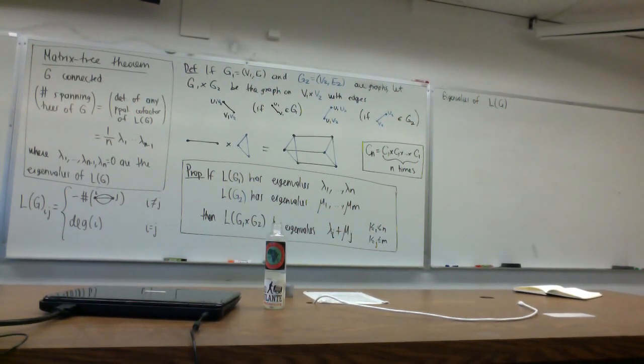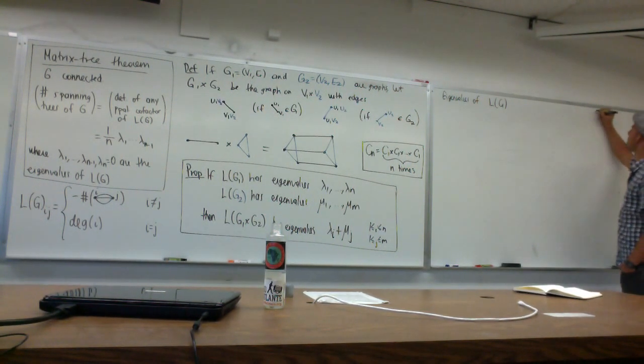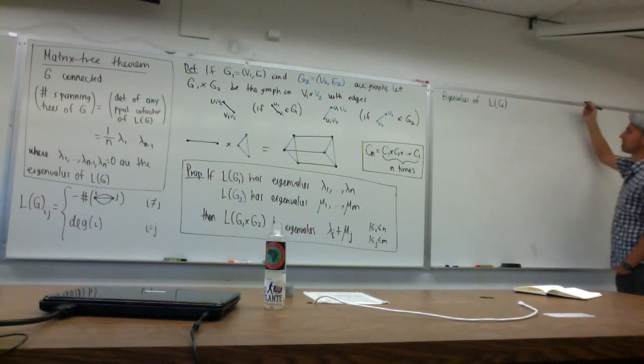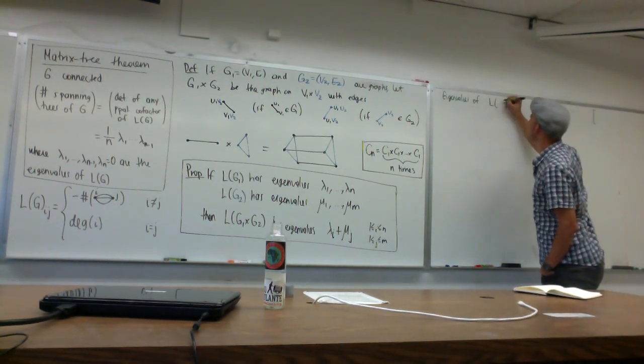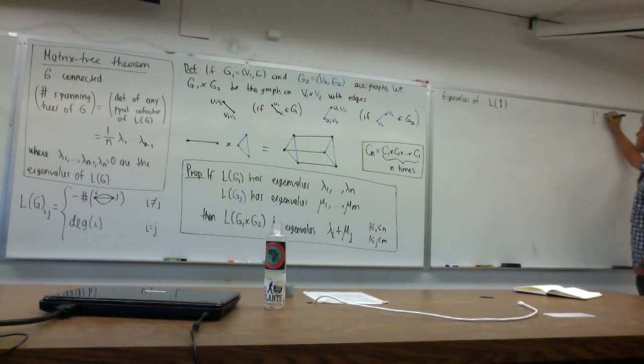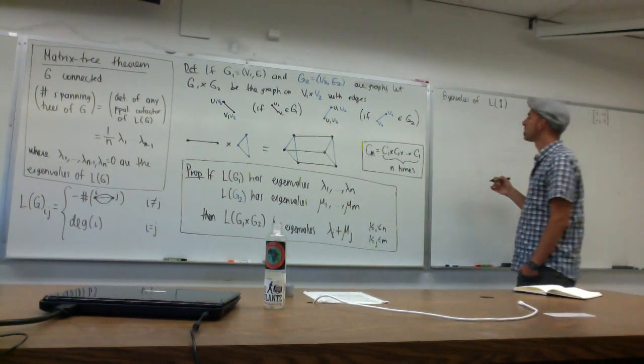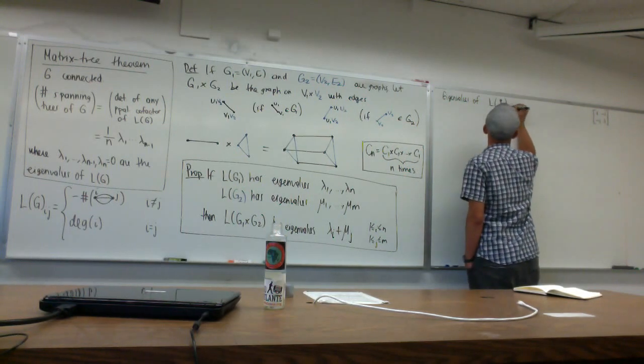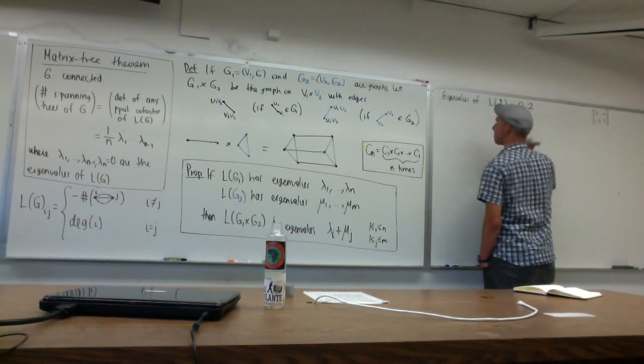Well, it's a very boring graph, right? It's just this graph. It has two vertices, each one has degree 1 and they're connected to each other. So what are the eigenvalues of this thing? One of them is 0 because one of them is always 0, and the other one is 2 for several reasons, one of which is that the trace of this is 2. So the eigenvalues are 0 and 2.